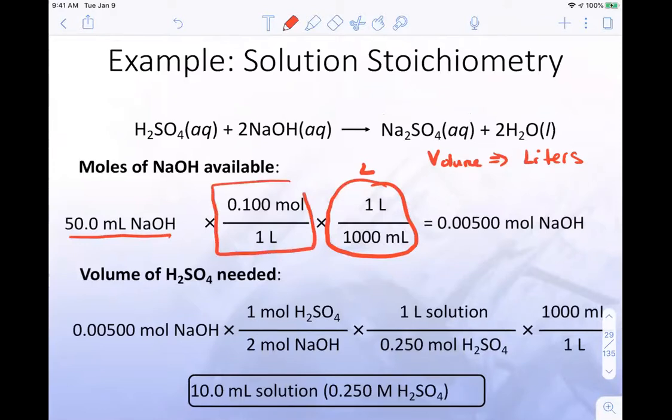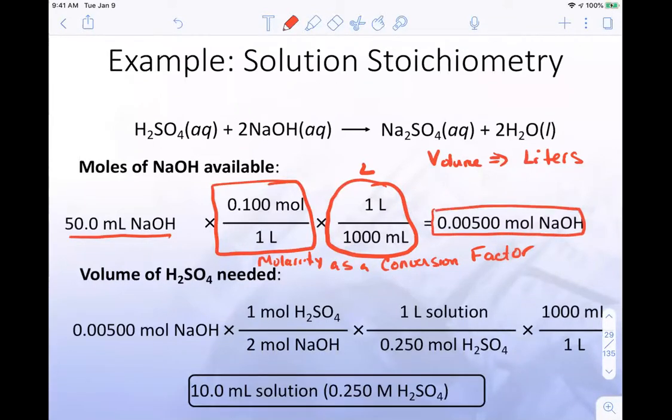This is my molarity as a conversion factor. So when I do this calculation, I find out this is the number of moles that are in 50 mL of this 0.100 molar solution. So this is the moles of sodium hydroxide.